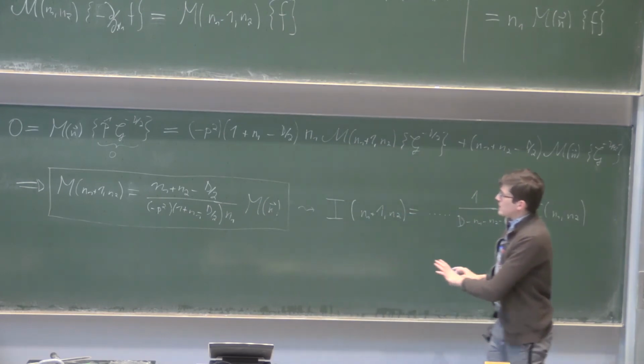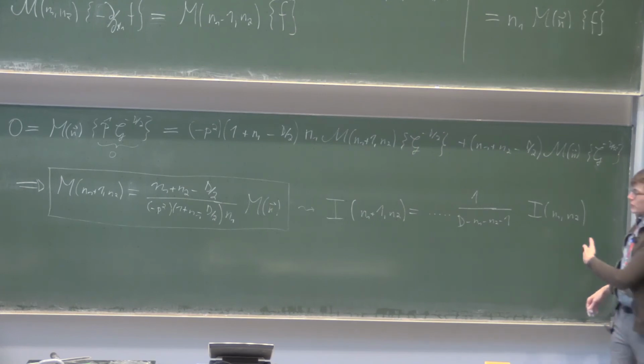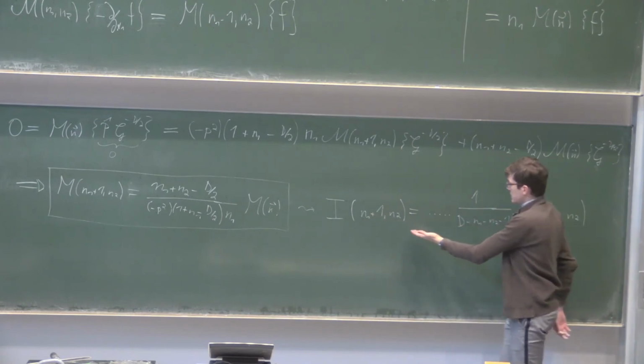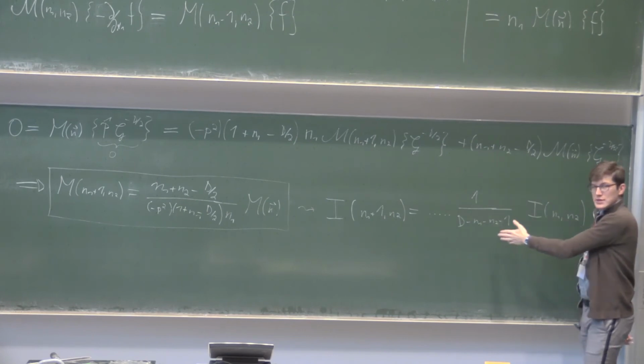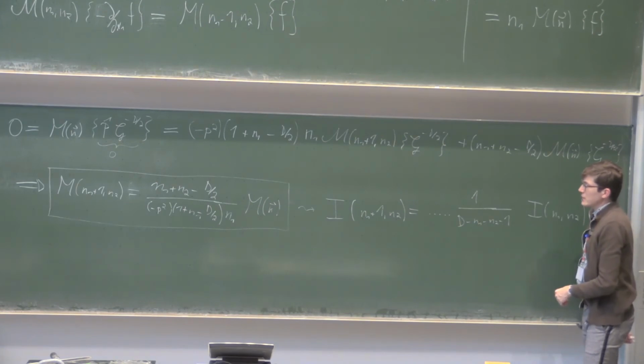you can do integration by parts in this parametric representation, and you get the same structure. So you get difference equations which relate the integrals with integer shifts of the arguments, and the coefficients of these relations are always little polynomials in the n's and the dimension. So it's exactly the kind of structure that you get also from IBP in momentum space.